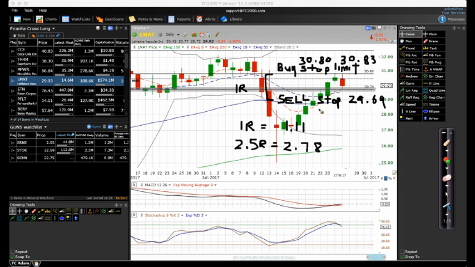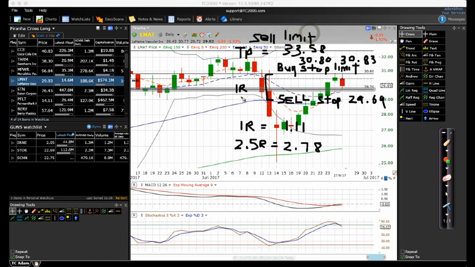Okay, so my target price would be $30.80 plus 2.78. So that's $33.58. Right? So again, recall that the target price is a sell limit order.